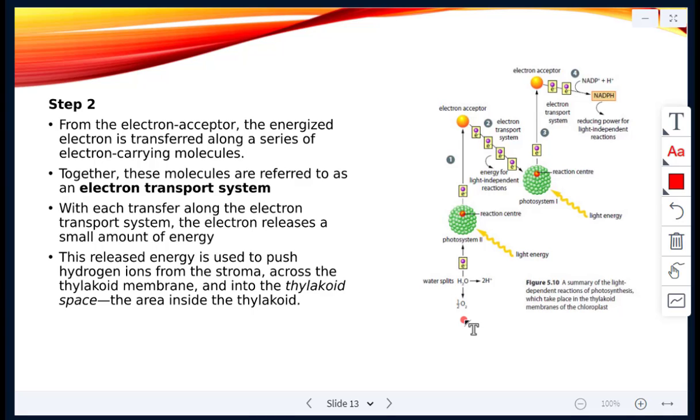And with each transfer along the electron transport system, the energy releases a small amount of energy. So you can see here, this arrow is showing that there's energy for the light independent reactions. So it's used to push hydrogen ions from the stroma across the thylakoid membrane and into the thylakoid space, which is the area inside the thylakoid.